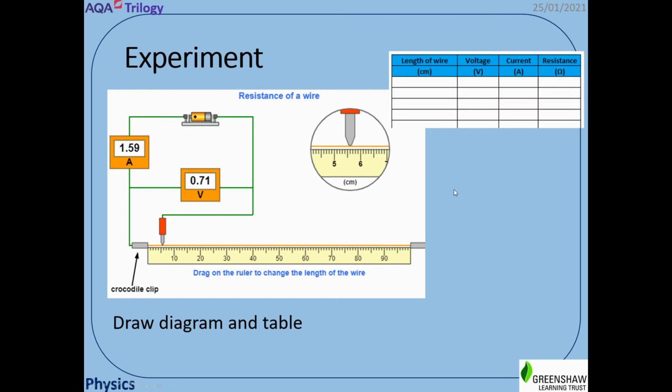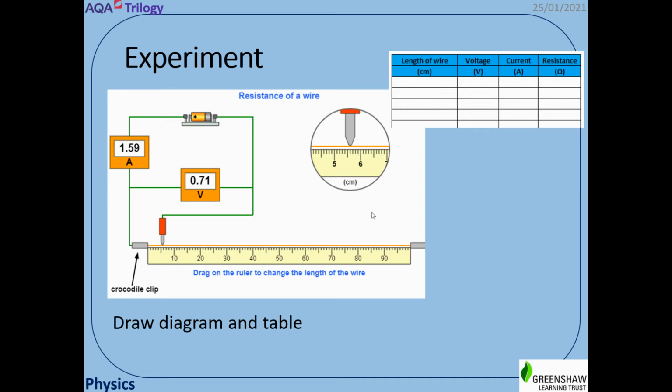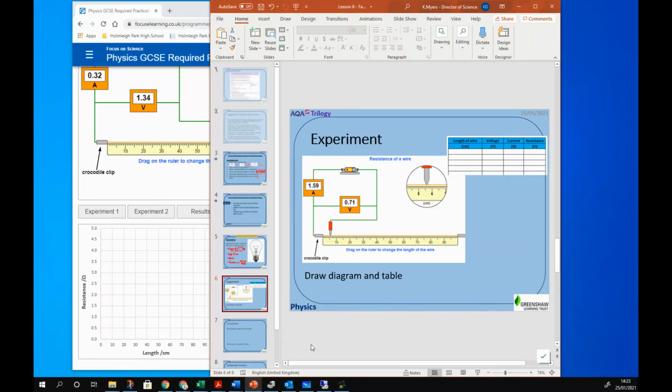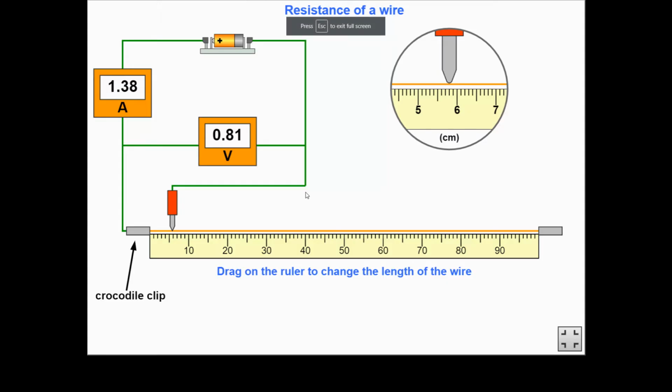Okay, going out of PowerPoint and on to the simulator. So here we are. Now we need to be recording the data that we are getting out of this experiment.